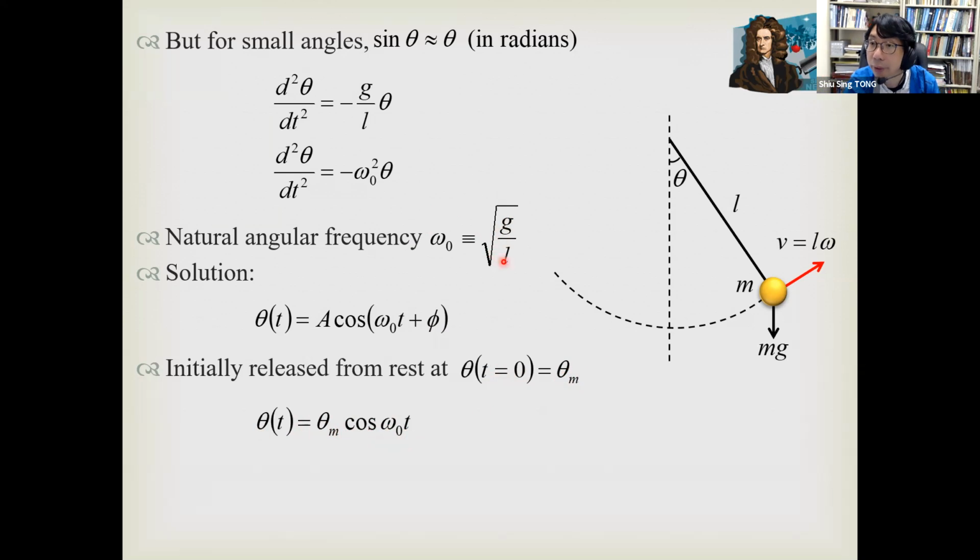Now you can find the period by using T equal to 2 pi over omega naught, and you will get the period as 2 pi square root of L over g. Okay, that is the period for a simple pendulum.